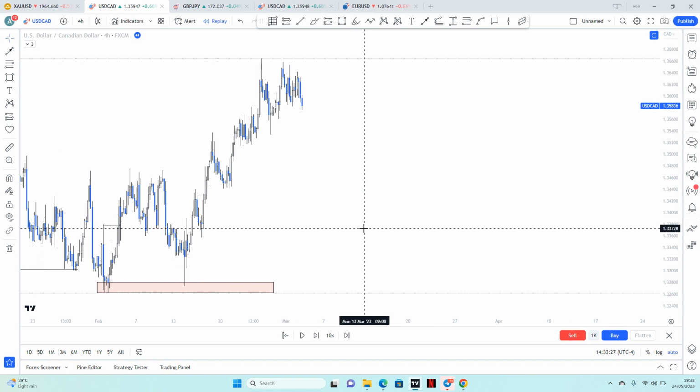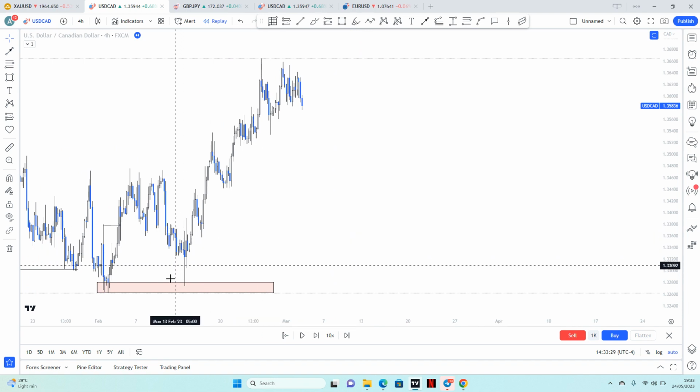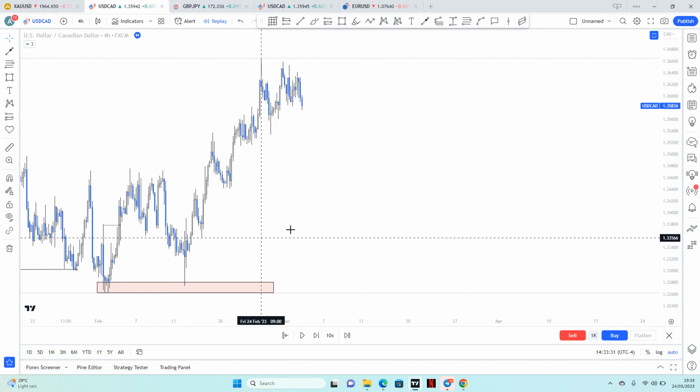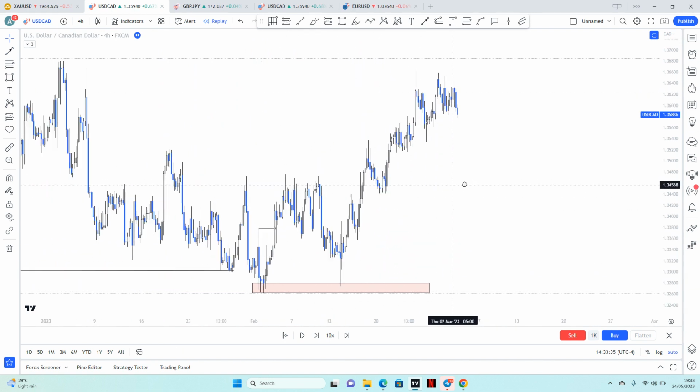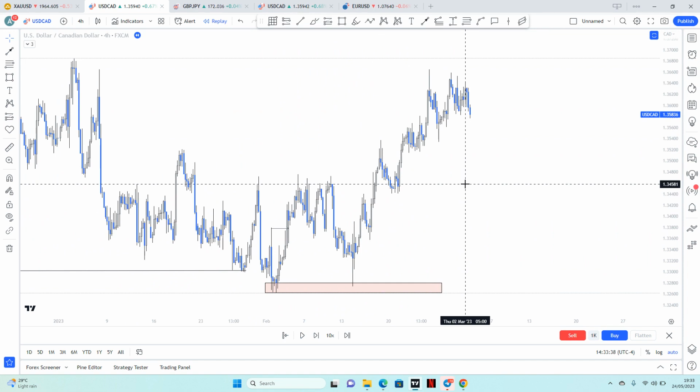Once you get it right, these are the type of entries you will have, just price touching it and then going up. I've had many trades like this. Once I see it, I say, yeah, I got it right. It's just that simple. Very, very simple. This is 4 hours. Could go to any other time frame.